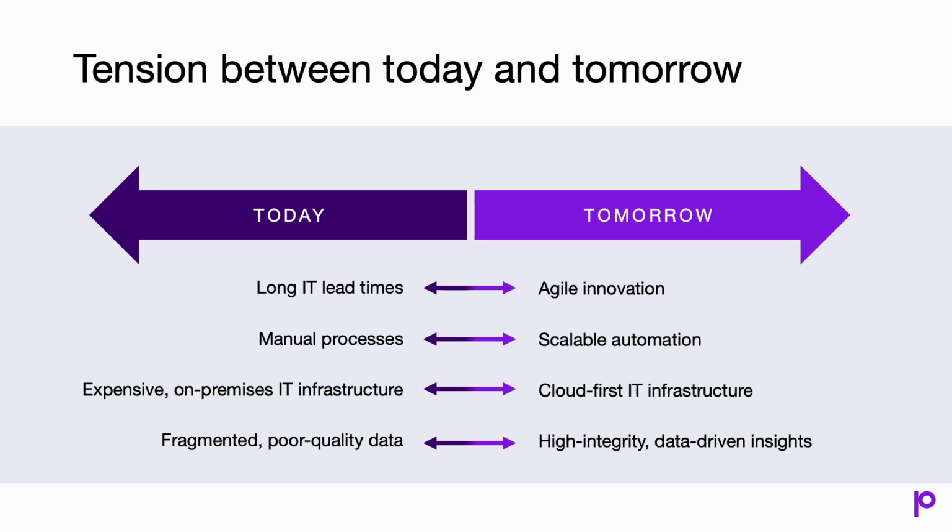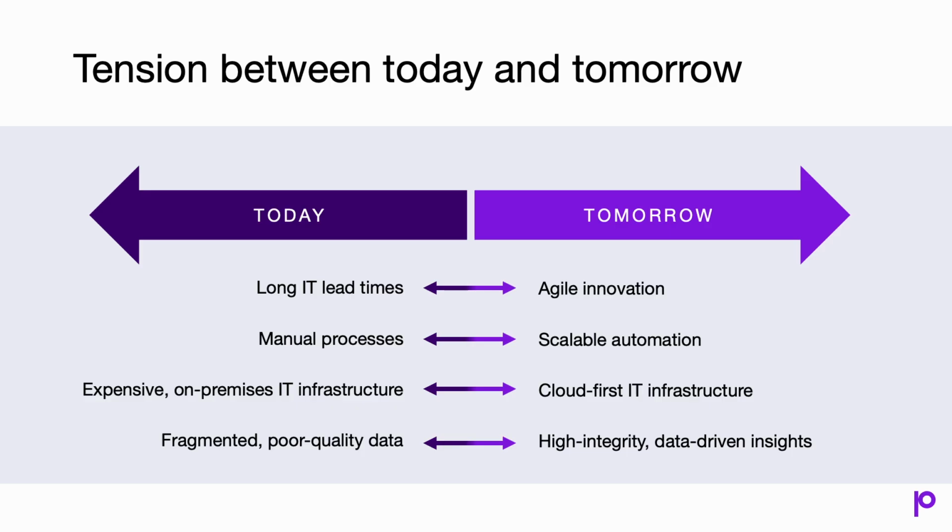It's expensive to upgrade. And then you have this fragmented data environment that makes it very difficult to understand what is actually happening from your data, how to access it, and how to take full advantage of it. Because tomorrow you want to get to a point where all of these, what are currently barriers to success, become drivers to greater success and better business results.